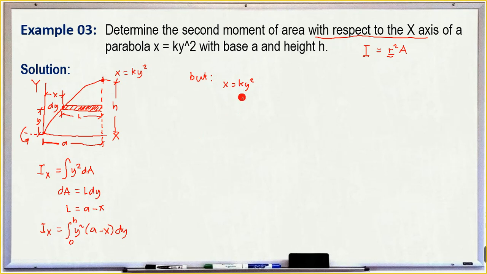Now, since we have a known point on the parabola, which is the topmost part, we all know that this point has a value of x equal a, and y equals h. So therefore, in solving for k, at x equals a and y equals h, our k is equal to x over y squared, that is a over h square.